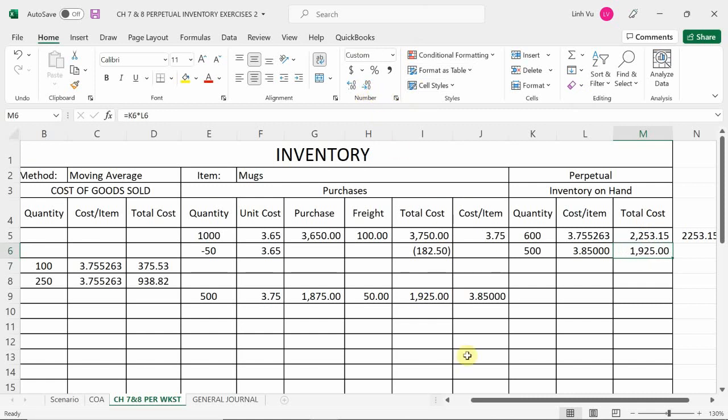Okay. Now this is where you could also create your little calculation here so you know how many units you have on hand at all times.